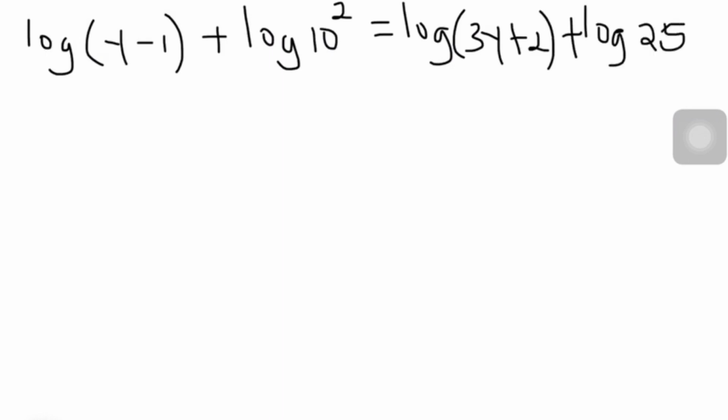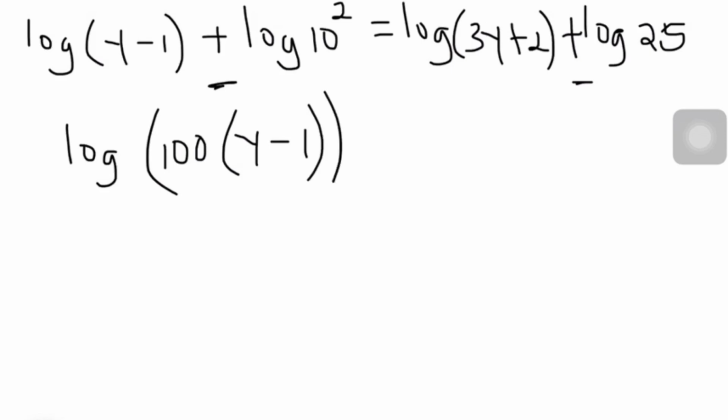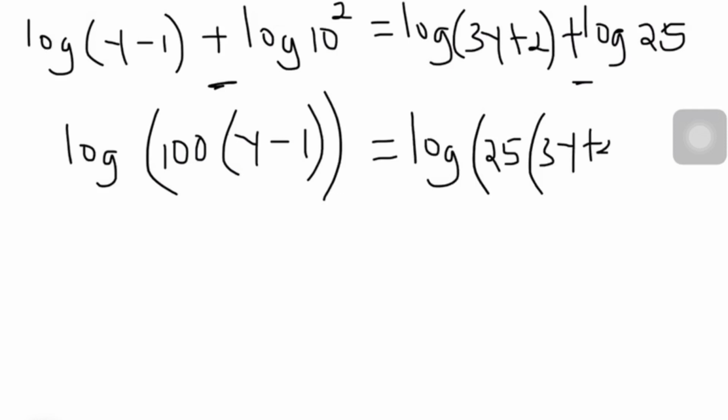Let's use the product rule because we have addition sign. Otherwise, if we had minus sign, then we could have used the quotient rule. So by using the product rule, we are going to have log of 10 squared, which is the same as 100, and then multiplied by y minus 1 is equal to log of 25 multiplied by 3y plus 2.